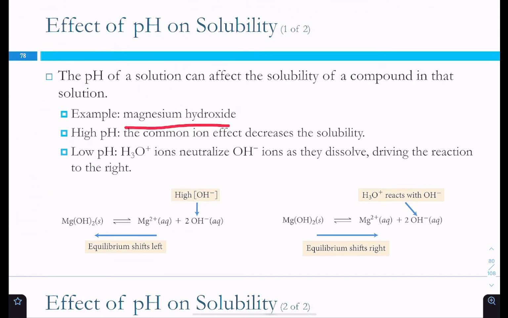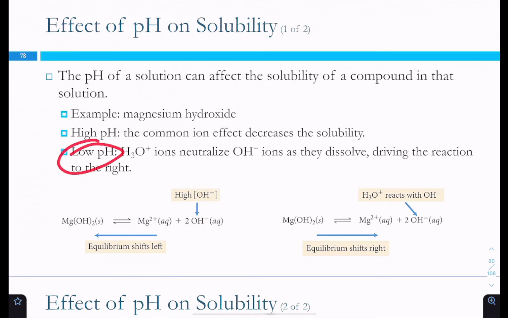So for magnesium hydroxide, if the pH is high, meaning we have a basic solution, the common ion effect decreases the solubility. Because if we have a high pH, that means we have lots of hydroxide ions in solution, and those are part of the dissolution equation for magnesium hydroxide. So if that's high, that's going to shift the equilibrium to the left.